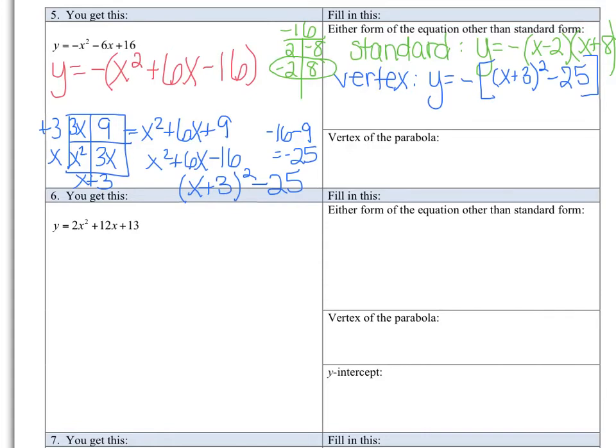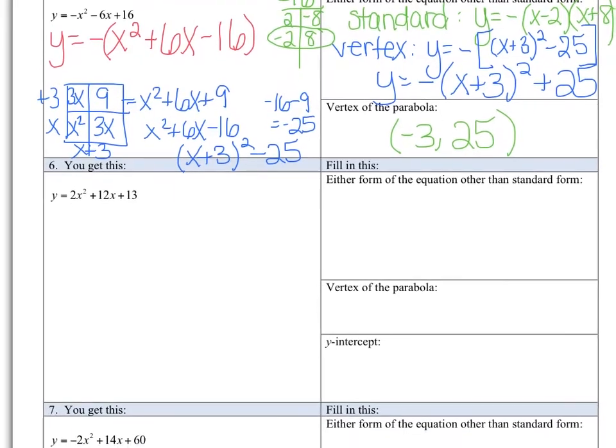If you remember, we can't distribute it inside of this binomial, we just leave it on the outside. But then we also distribute it to the negative 25. So my final vertex form will be y equals negative x plus 3 squared plus 25. And then from that, we can see that our vertex is going to be negative 3, 25.